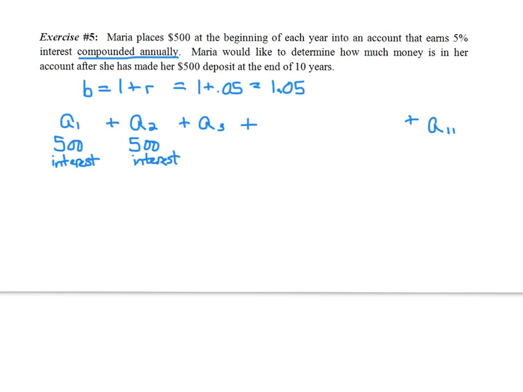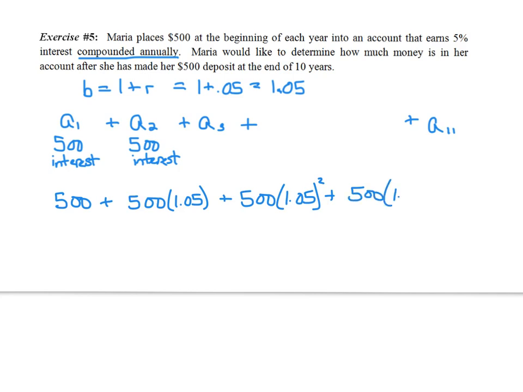So what we want to do here is look at the following sequence. 500 plus, when I add on that 5% interest, it'll be 500 times 1.05, and then 500 times 1.05 to the second power, and then 500 times 1.05 to the third power, all the way to 500 times 1.05 to the 10th power.